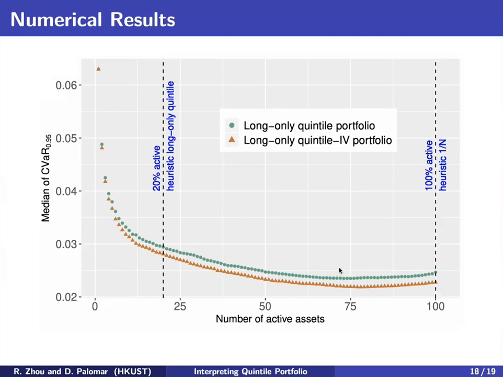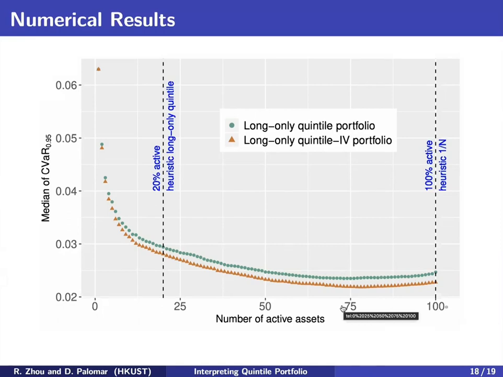But from this picture, we see that neither of the two heuristic portfolios is the best choice for investors, because the best choice appears when we have 75% active assets.